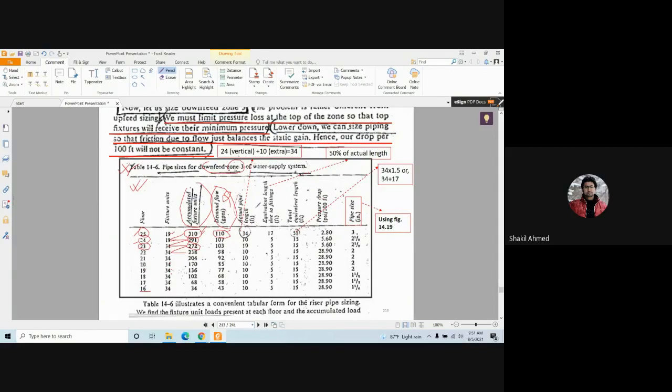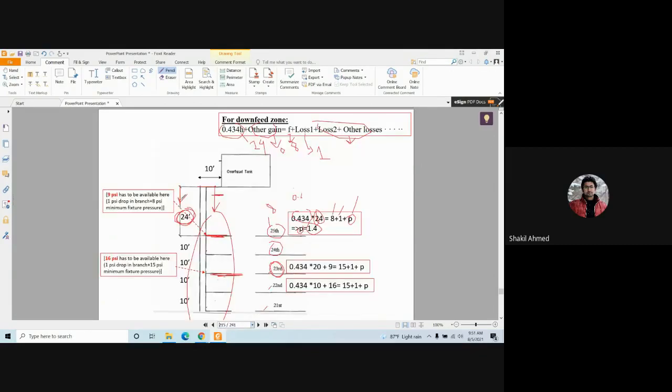What is the actual pipe length, guys, here? The actual pipe length, vertical 24, horizontal. This is the pipe, by the way. So vertical 24 and horizontal 10 feet.